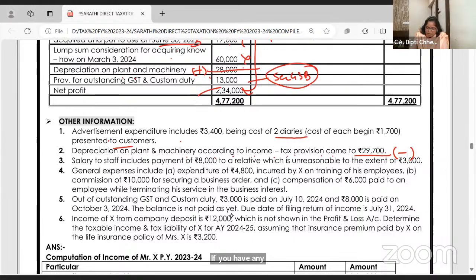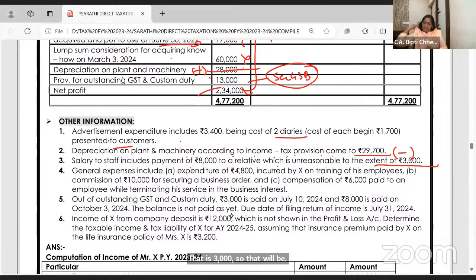Salaries paid to staff including 8,000 paid to a relative, which is unreasonable. You can pay salary, brokerage, anything to your relative, no problem. But don't make it unreasonable. So what is the unreasonable or excess amount you have paid? That is 3,000. So that will not be allowed.